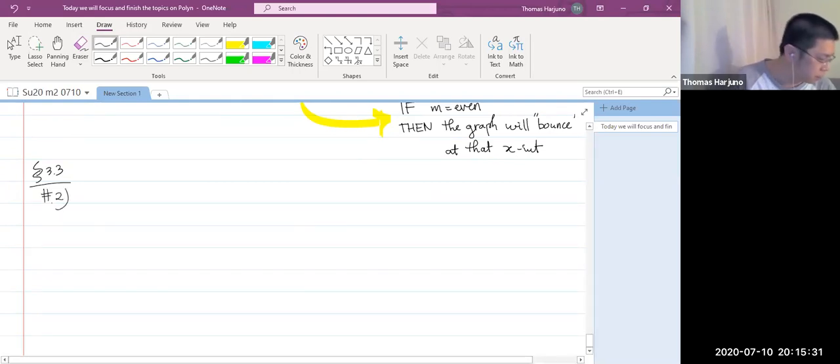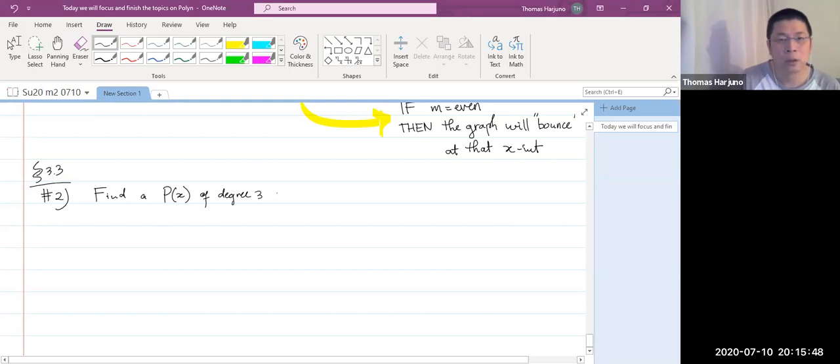It says the following: find a polynomial P(x) of degree 3 with zeros -5, 2, and 4, and P(3) equals -24.